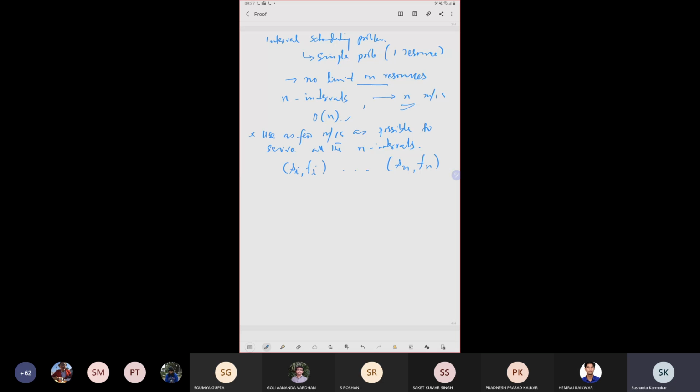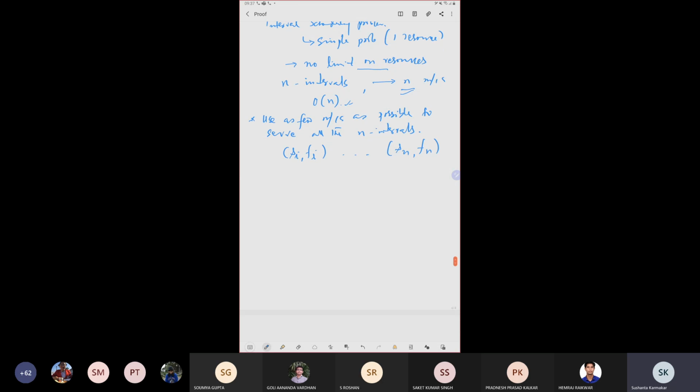So can I solve this problem with n-1 machines? If it can be done, then probably I save some money. I don't have to buy the nth machine. So this is the question: use as few machines as possible to serve all the n intervals.